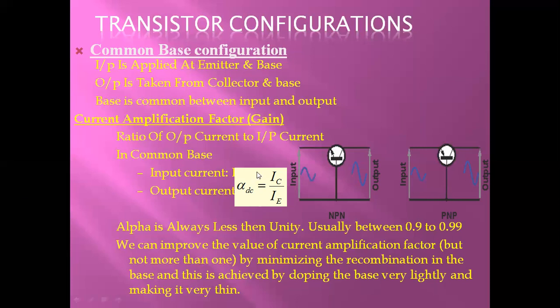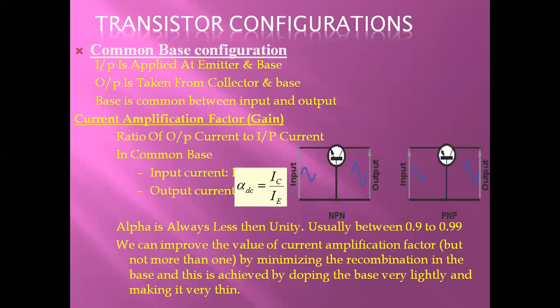The input current is IE, and the output current is IC, related by alpha equal to IC by IE. Because the output is taken at the collector and base, with the base as the common, we look at the characteristics in the common base region, taking the ratio between the collector current and the emitter current.